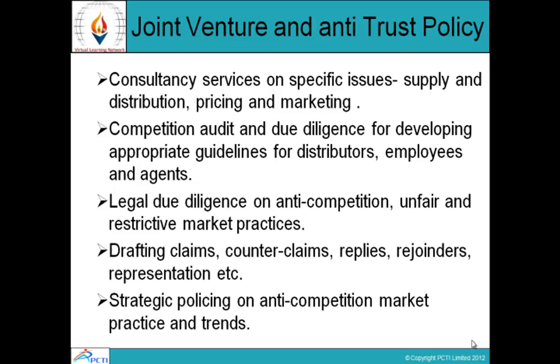Competition audit and due diligence for developing appropriate guidelines for distributors, employees, and agents. Legal due diligence on anti-competition, unfair and restrictive market practices. Drafting claims, counterclaims, replies and rejoinders, representation, etc. Strategic policing on anti-competition market practice and trends.